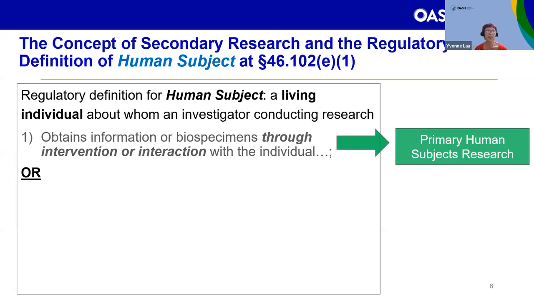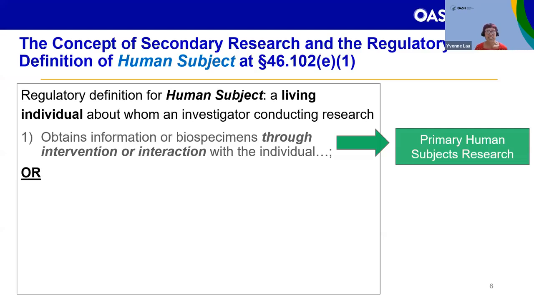The regulatory definition of human subject is a living individual about whom an investigator conducting research obtains information or biospecimens through intervention or interaction with the individual, and then uses that information for the research study, analyzes it, etc. There are two parts to this definition. So that's the first part of the human subject definition.